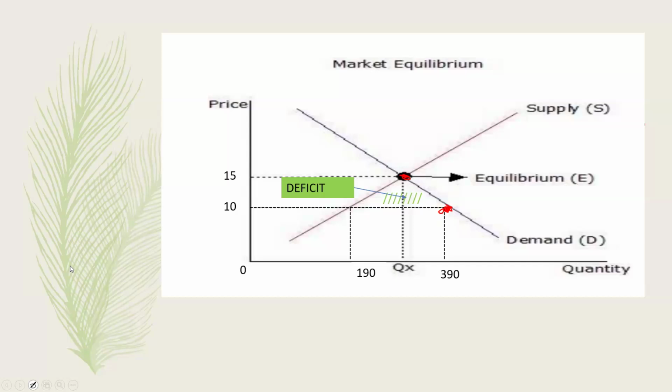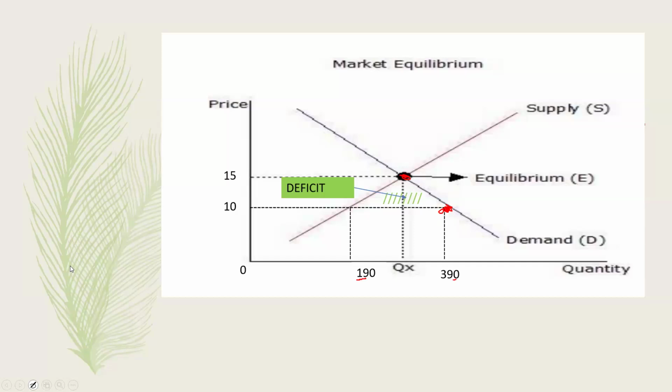We will demand more. But suppliers, on the other hand, are not going to be as happy, because price went down, they're not going to get their profit. So they decrease their supply. They're decreasing it to 190.